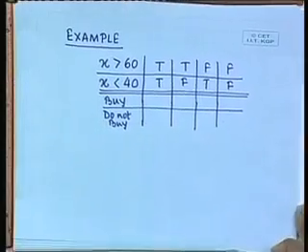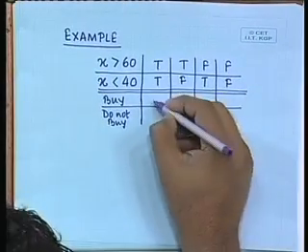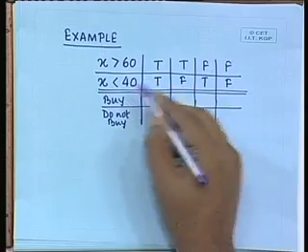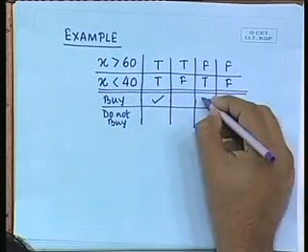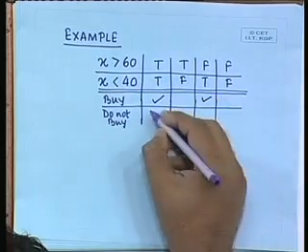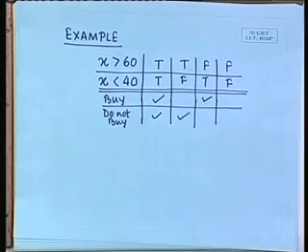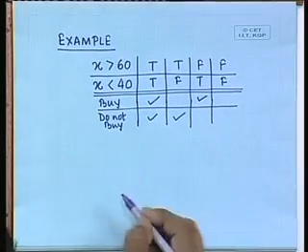So, see what we have done here, when x is less than 40 then you buy, and when x is greater than 60 do not buy. So, this is what we got in terms of KMap.